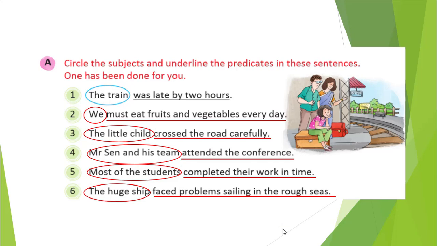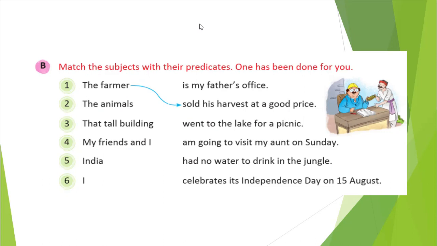Okay, so let's see further in the exercise. Here is our exercise B: match the subjects with their predicates. That is our task. The subject and what the subject is doing, or the sentence giving information about the subject, we need to match.